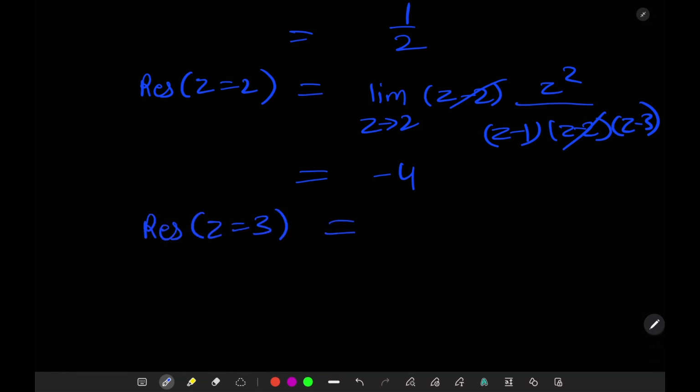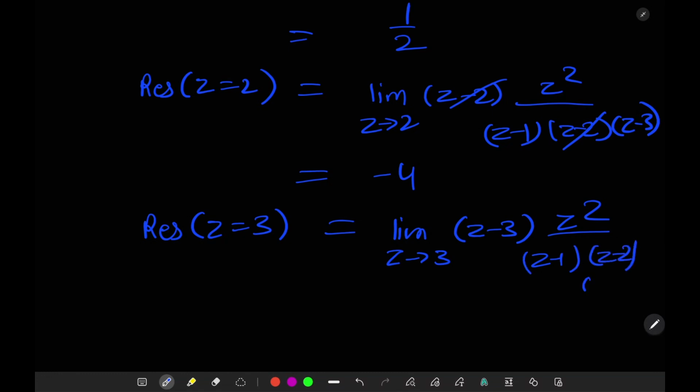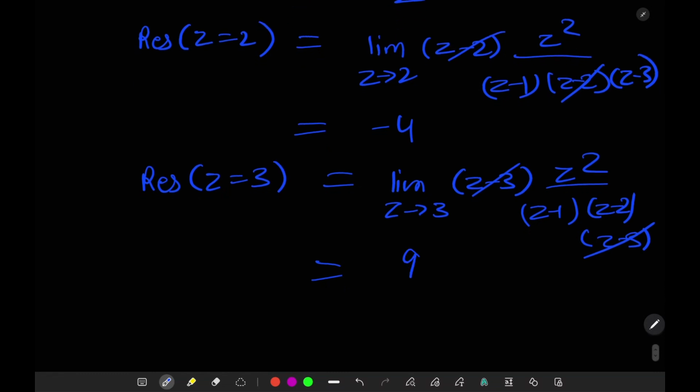Similarly for residue at z = 3, (z - 3) times z square divided by (z - 1)(z - 2)(z - 3), this is cancelled out, and putting limit 3 we get 9 by 2.